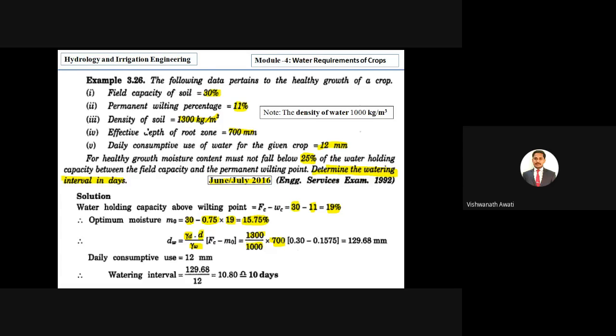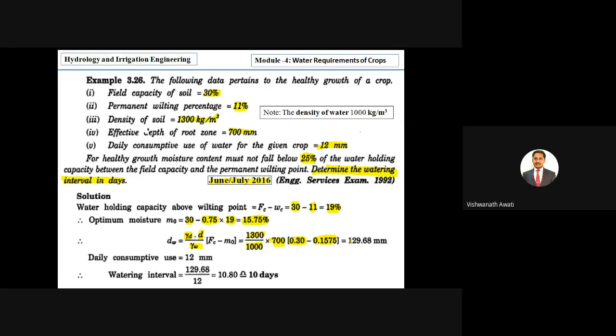Field capacity 30% means 0.3, then the readily available moisture MO is 15.75%, which in fraction is 0.1575. So you will get the depth of watering as 129.68 mm.